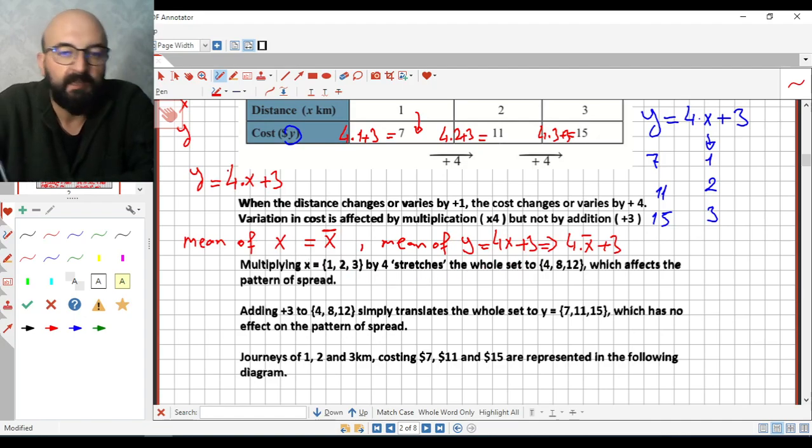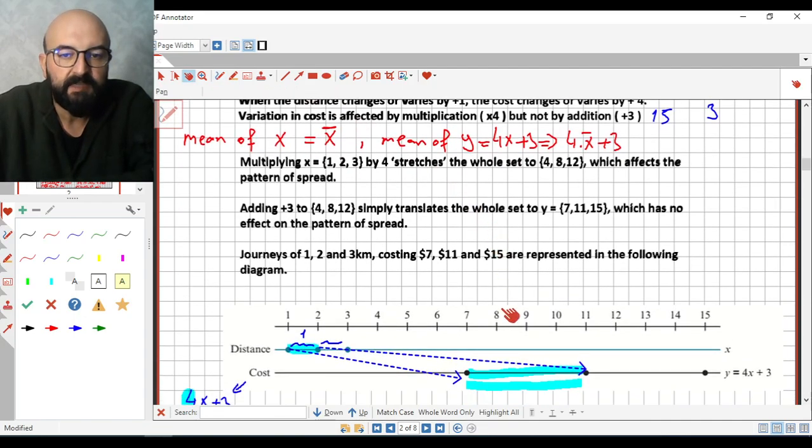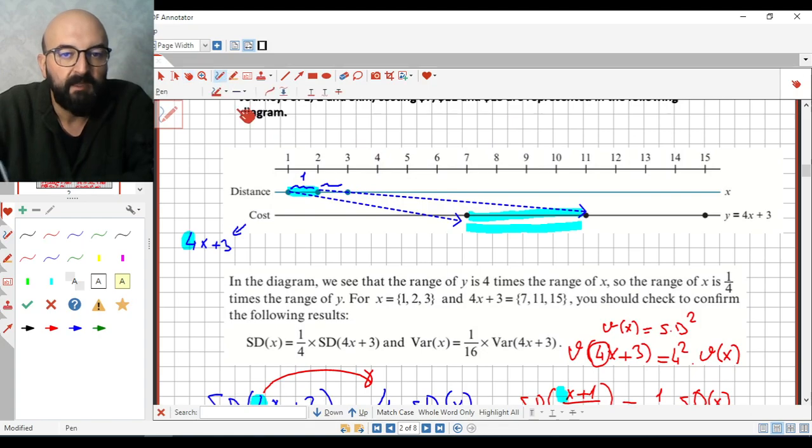But if you look at their interval, for example, the interval between 1 and 2 is 1, but when you write y as 4x plus 3, 1 becomes 7, and 2 becomes 4 multiplied by 2 plus 3, which is 11.